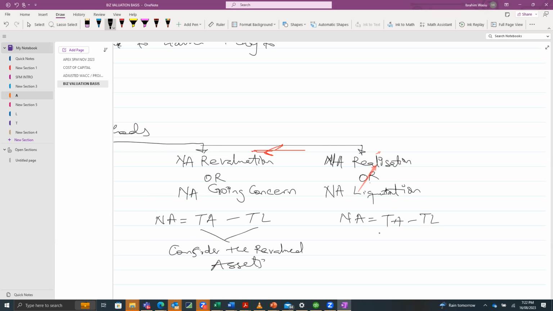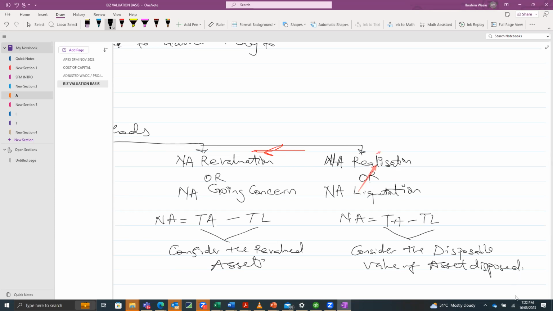But what you're going to do here, you consider the disposable value of assets disposed.